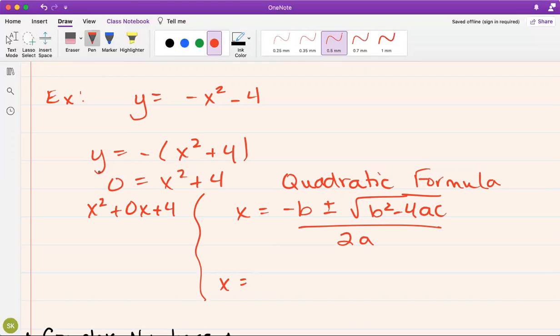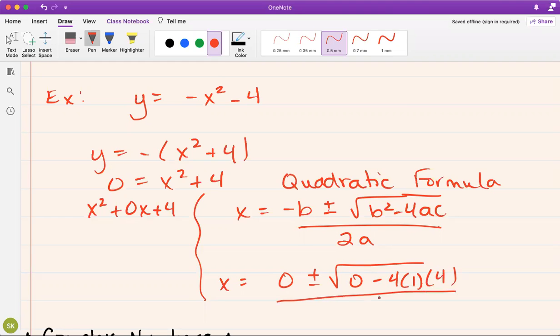You can see we factored out this negative. You could also put a negative in front of everything, but you're going to get the same answer. So b here is 0. So we get 0 plus or minus the square root of 0 minus 4 times 1 times 4, over 2 times 1. And what you'll see is you get the square root of negative 16. And what we learned is if we got the square root of a negative number, then we say it has no roots, so 0 real roots.